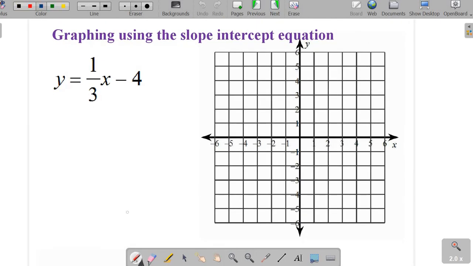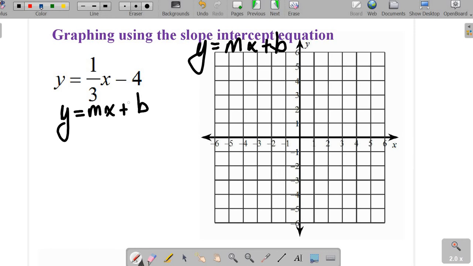Graphing in slope-intercept form. This is commonly known as y equals mx plus b. To graph this, you start by graphing the b, which is the y-intercept.